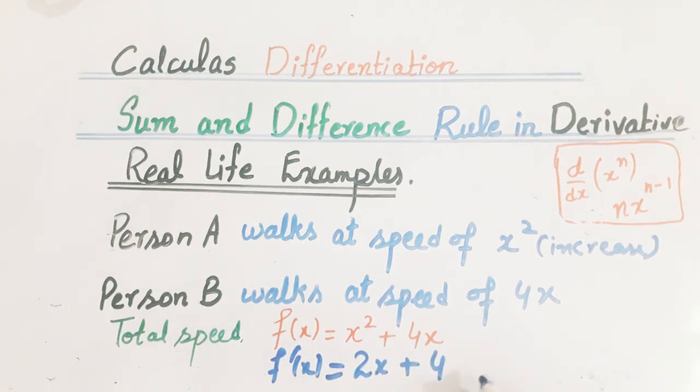So this tells us how the total speed is increasing as time goes. So this tells us the increase in speed. Now these are the type of real life applications all around us.